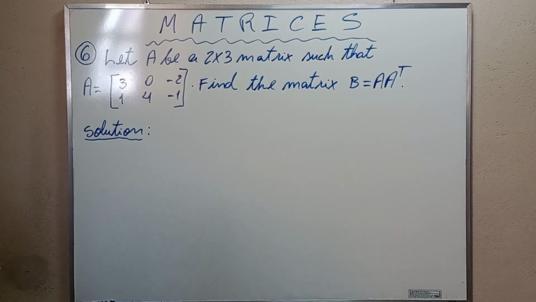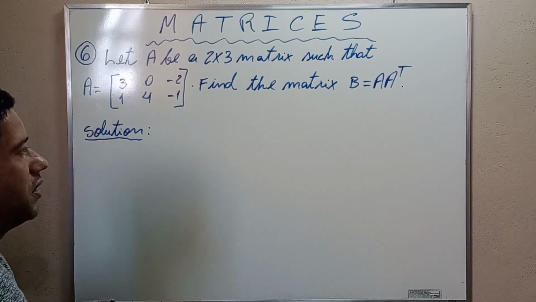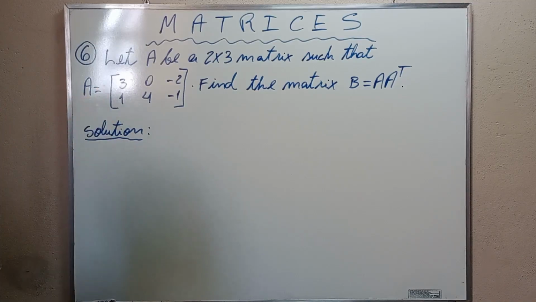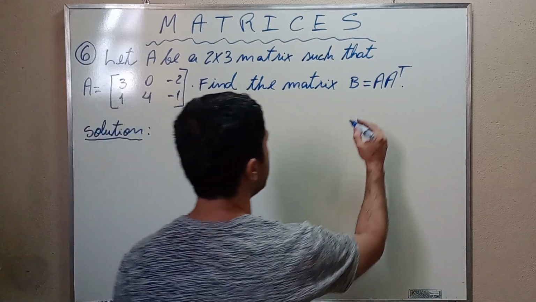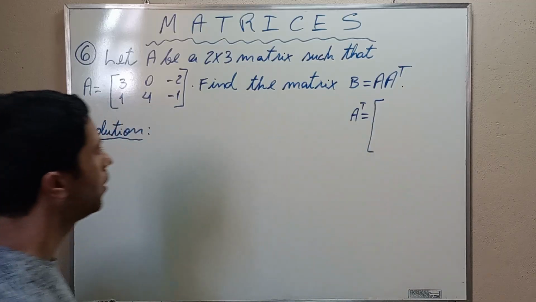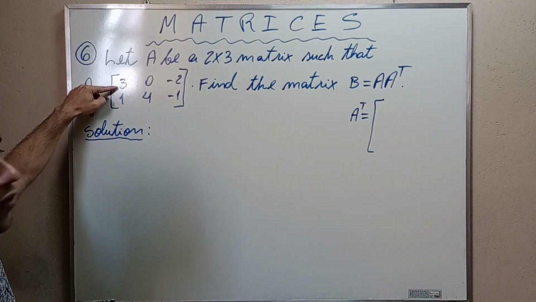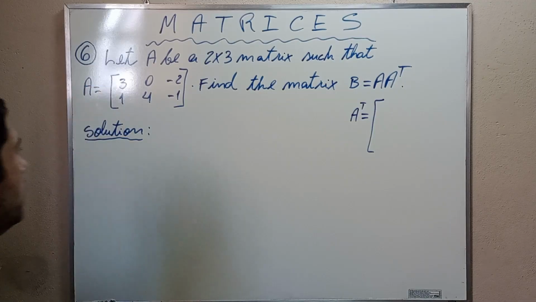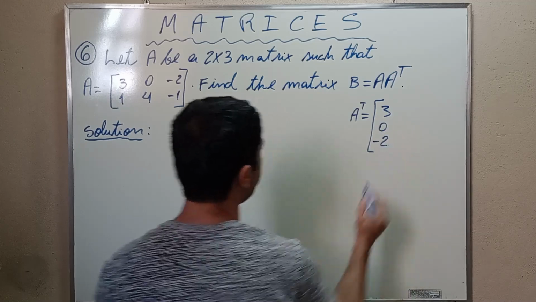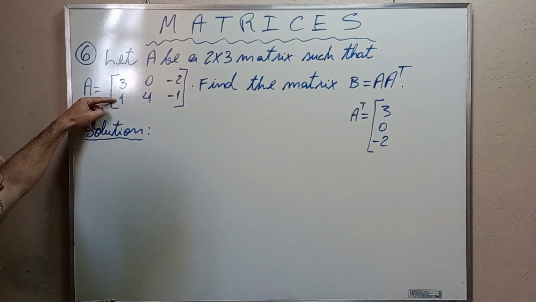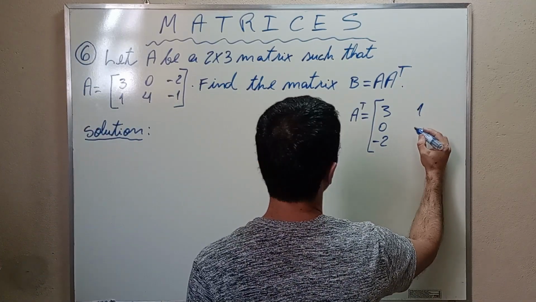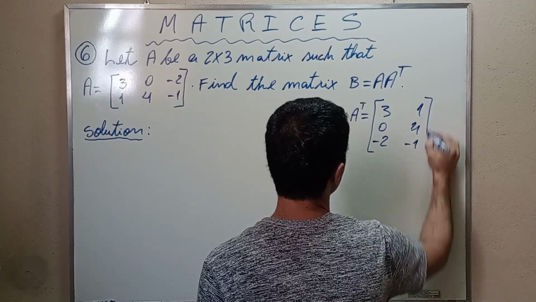In that sense, if A is this, the transpose of A will be produced by converting its rows into columns, okay? The transpose of A will be equal to, we are going to convert the first row into a column, 3, 0, and -2, and the second row is going to be converted into a column, 1, 4, -1.